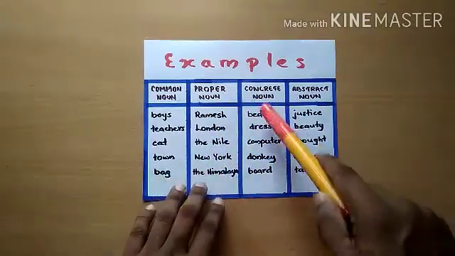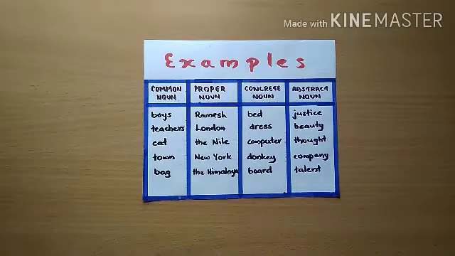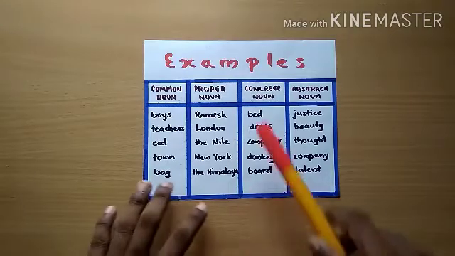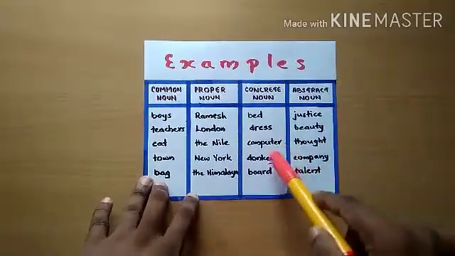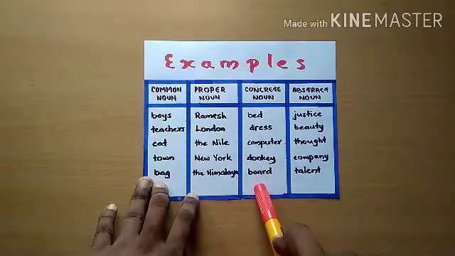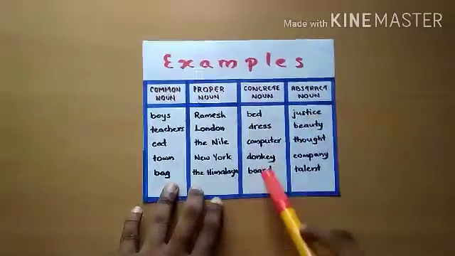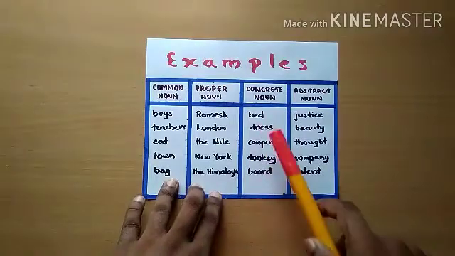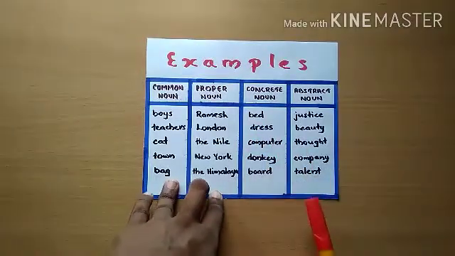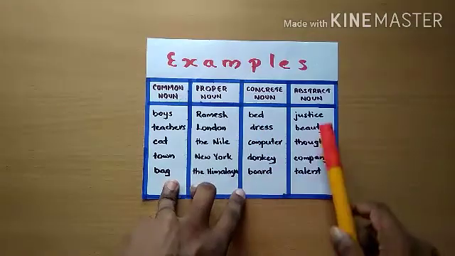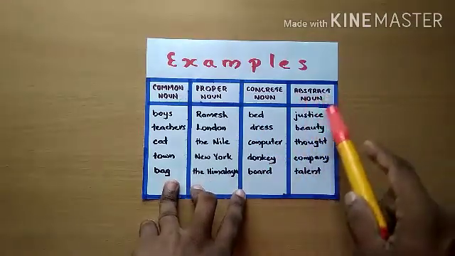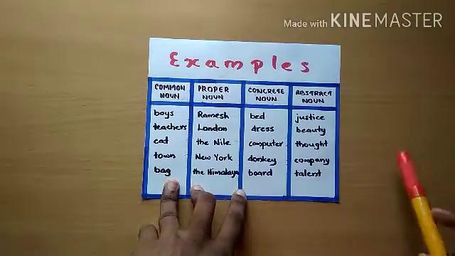Okay, then we have concrete nouns. Concrete nouns are things that can be seen, felt, touched, and so on. Bed, we can see a bed, right? Then dress, computer, donkey, board. Okay, all these things are concrete. If these things are there, we will be able to see them, touch them, and feel them. Then we have something called abstract nouns that cannot be experienced physically.